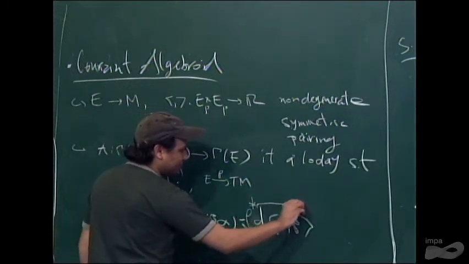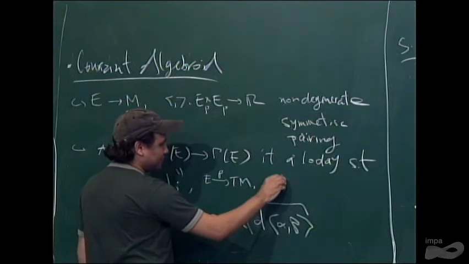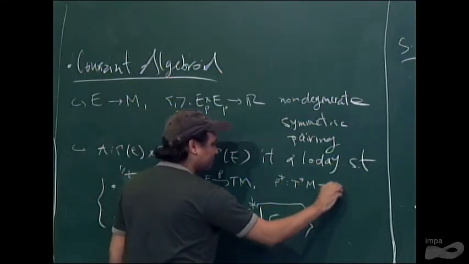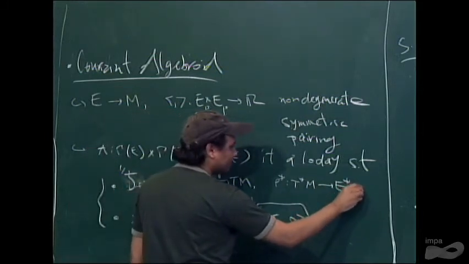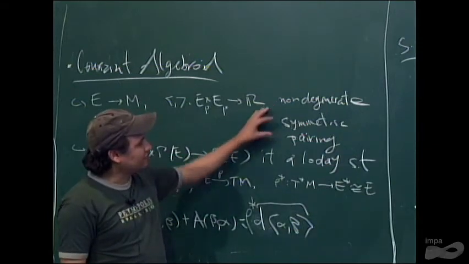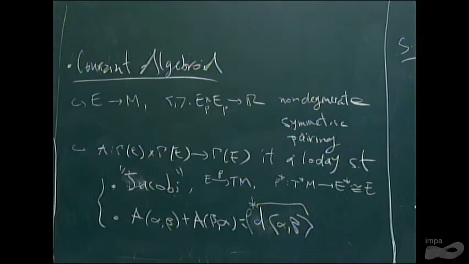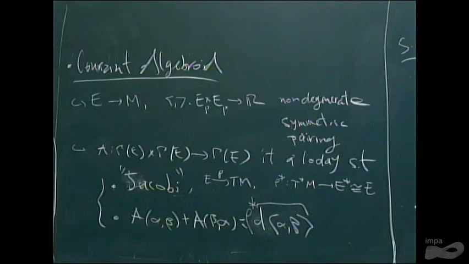You calculate this one form, and then you use the rho star as a map from T star M to E star. And then this has to be a section of E, so you use the pairing to identify E with E star. So this is a Courant algebroid. This example here is the first example of a Courant algebroid.